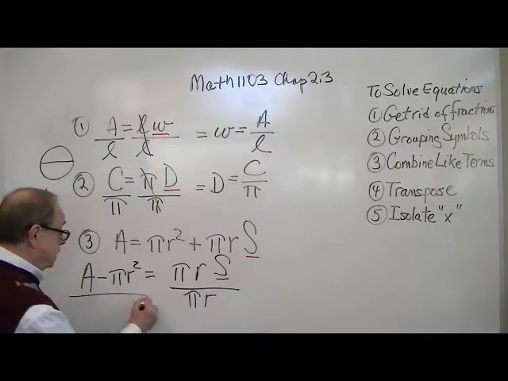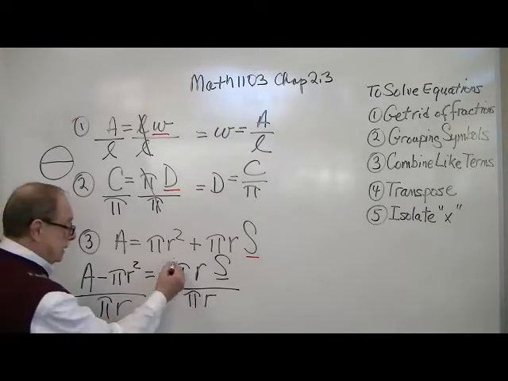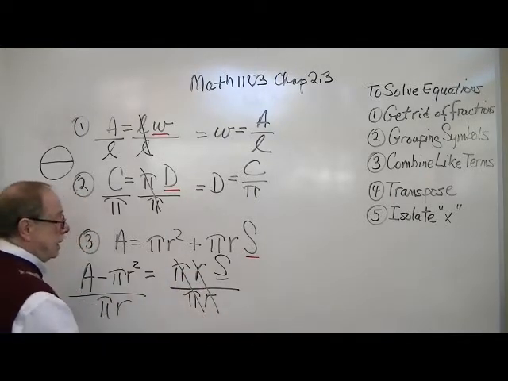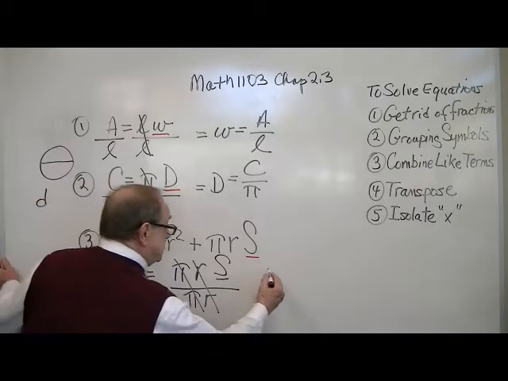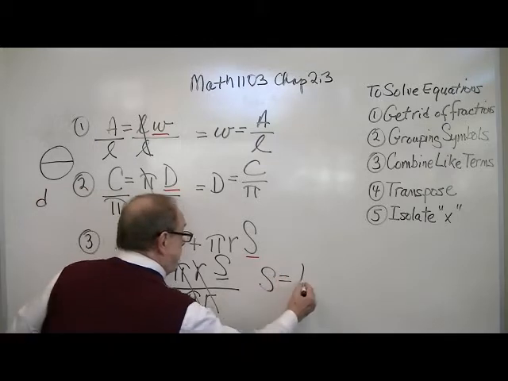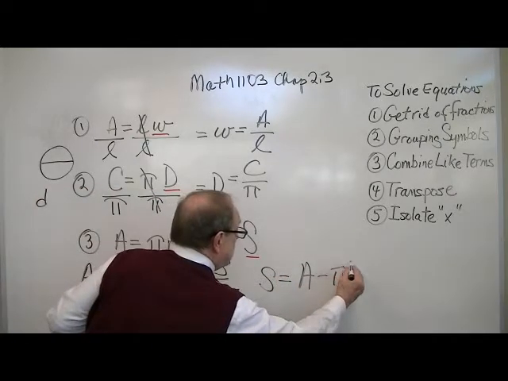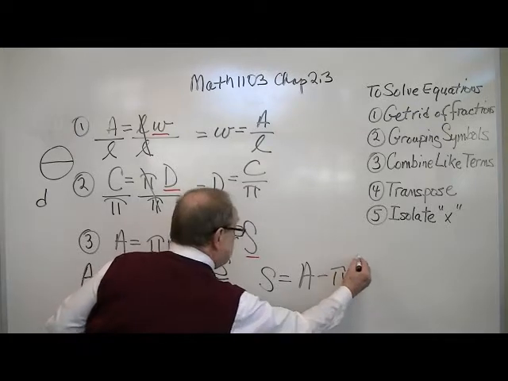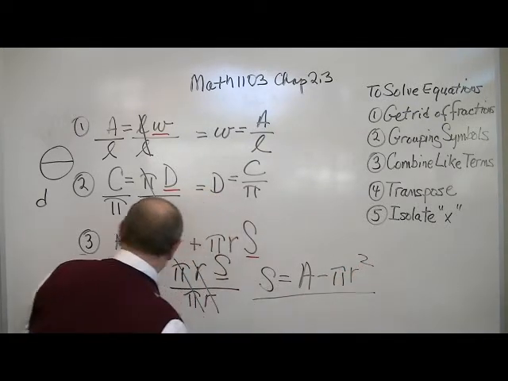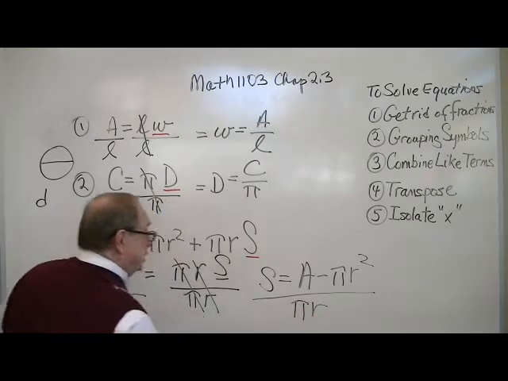So these now cancel out, and we're left with s equals a minus pi r squared, all over pi r.